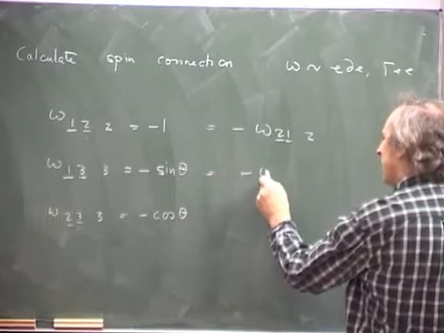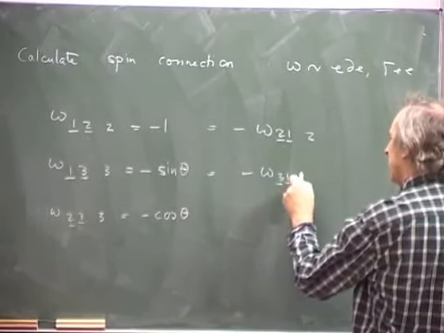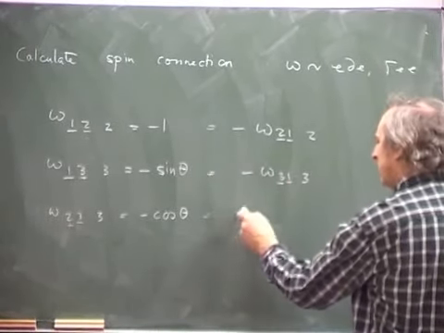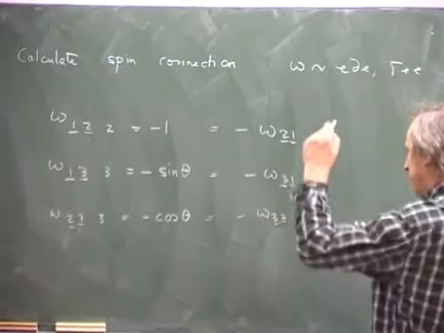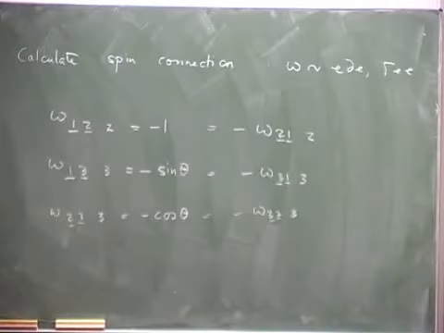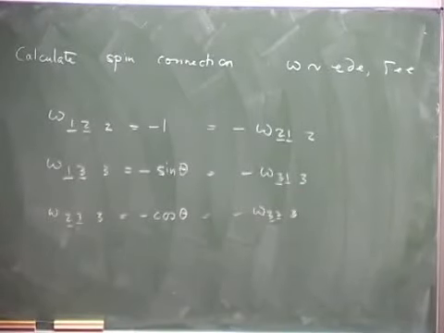This is minus omega 3 1 3, and this is equal to minus omega 3 2 3. All other components vanish.